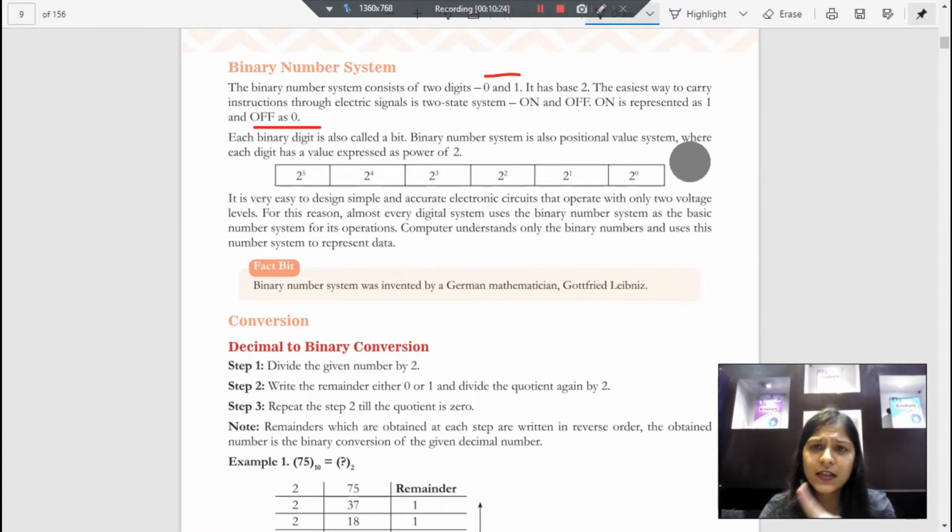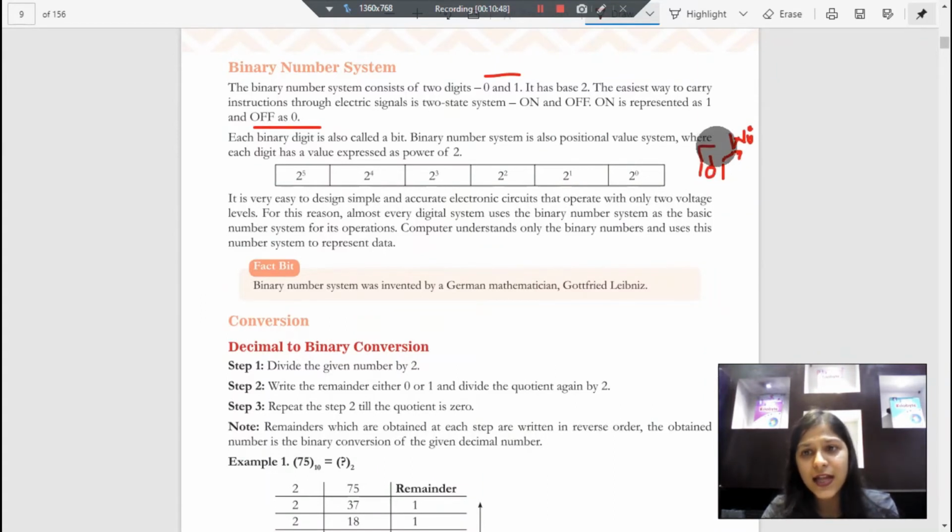Now in the number system that we commonly use, if a number has the value of 101, it means that the number is 1 into 10 to power 0, and 0 into 10 to power 1. So 0 multiplied by anything is again 0.